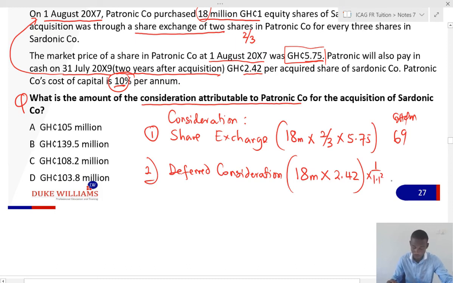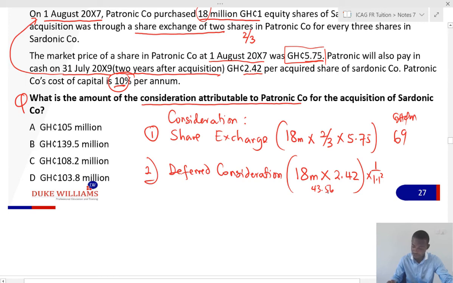So you have 18 times 2.42, that gives us 43.56. If you find the discount factor, which is 1.1 raised to power 2, 1 divided by the answer, that gives us 0.8264.